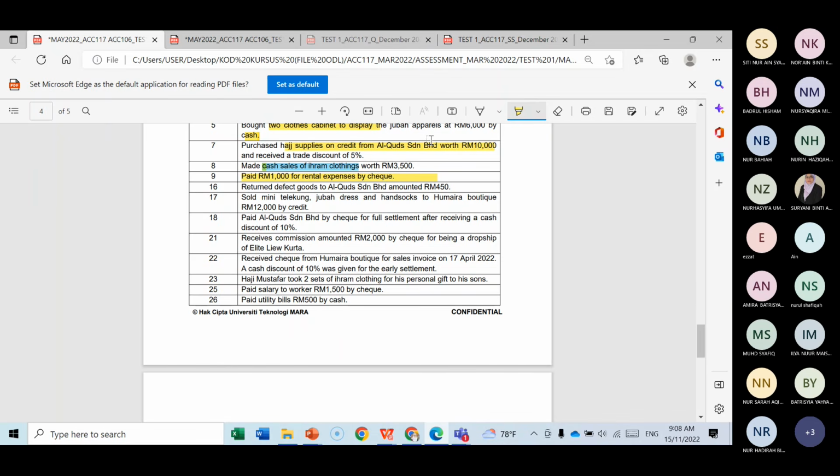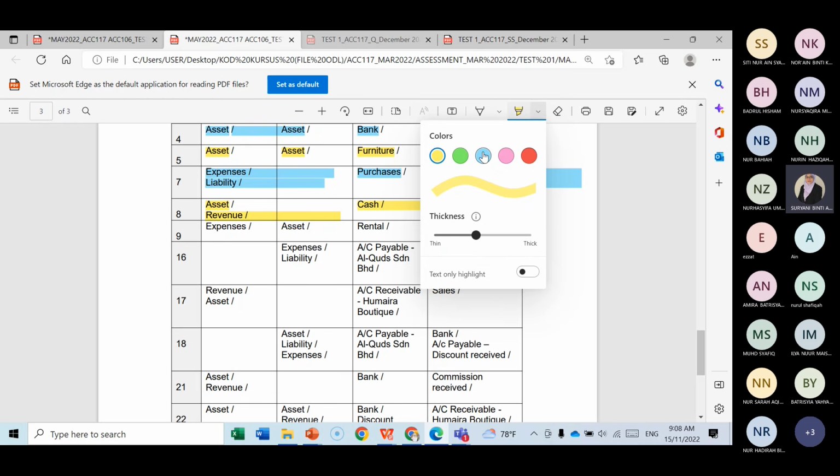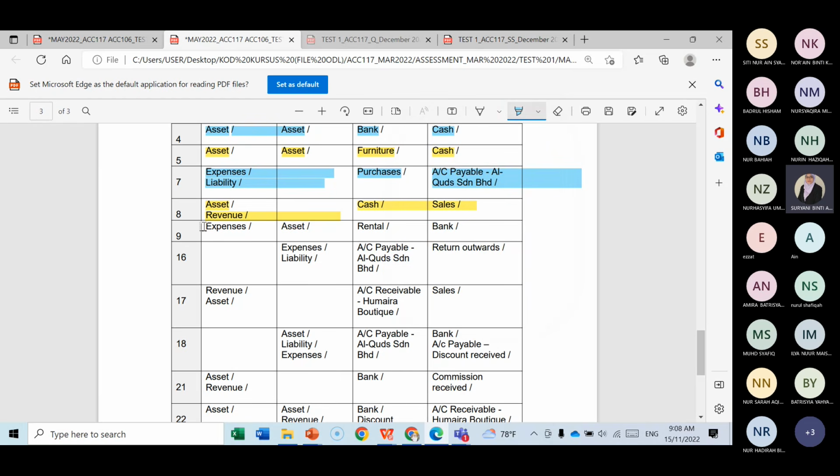And decrease in asset. Why decrease in asset? You made the payment by check. So increase in expenses, debit the rental expenses account. Decrease in asset, you credit the bank account.